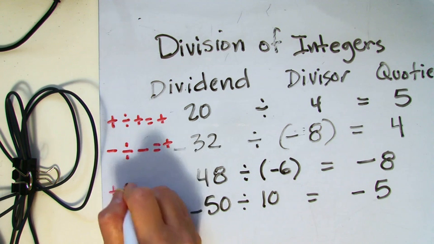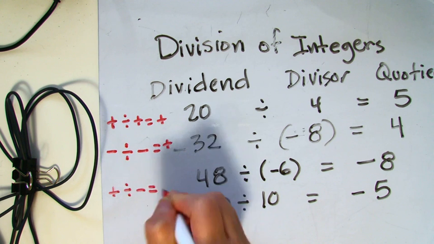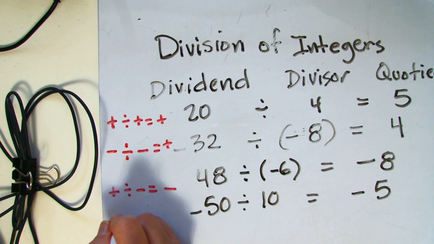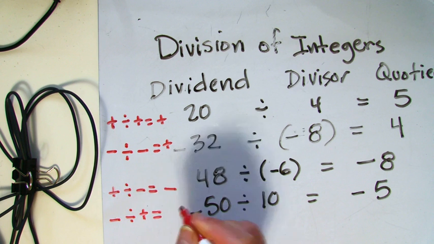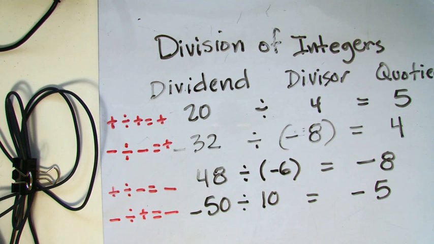So a positive divided by a negative results in a negative. Same as if you start with a negative and you divide by a positive, you're going to get a negative.